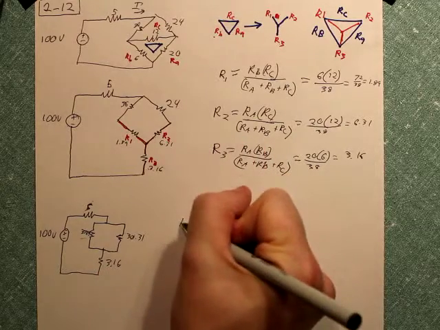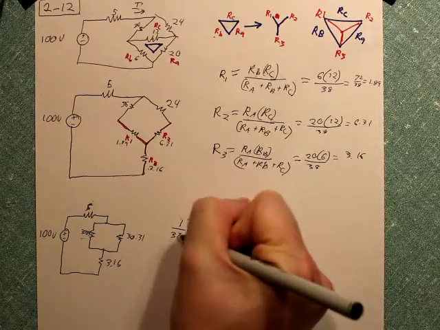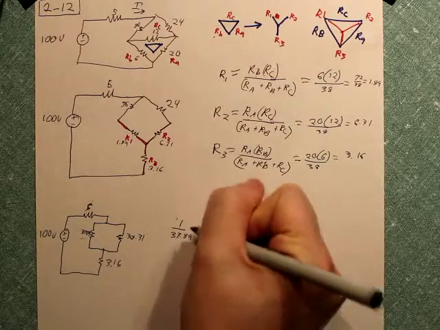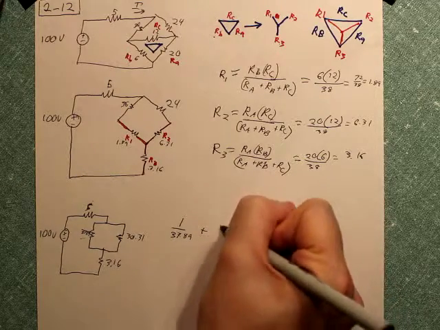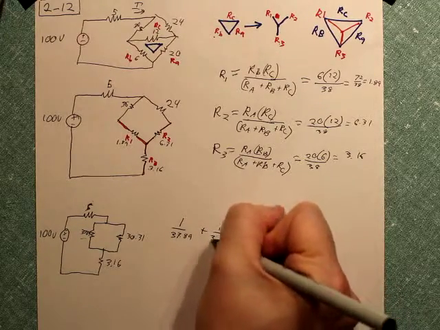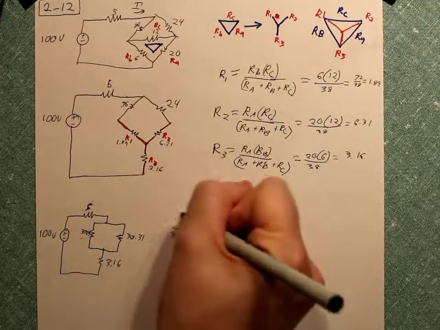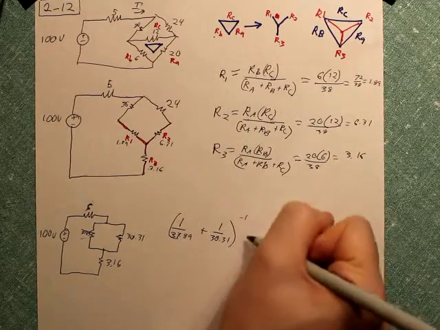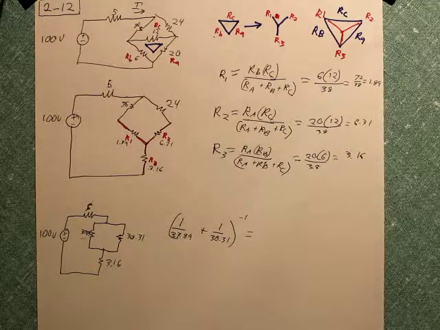So now if we take this one, we're going to do R equivalent, because remember these are in parallel now. So 1 over 37.89 plus 1 over 30.31, take the inverse of that. If we type that into our calculator, what are we going to get? Let me do this real fast, I didn't solve this one yet.